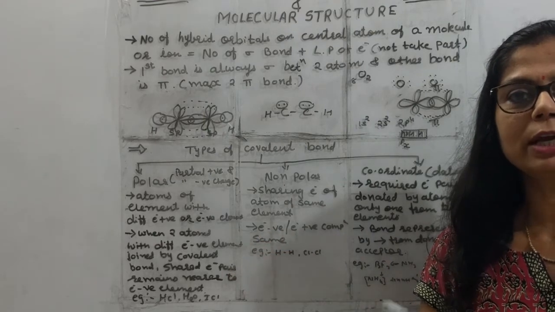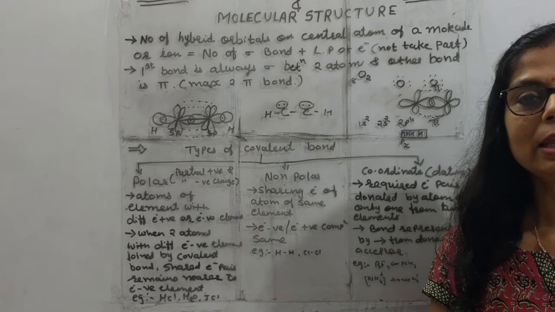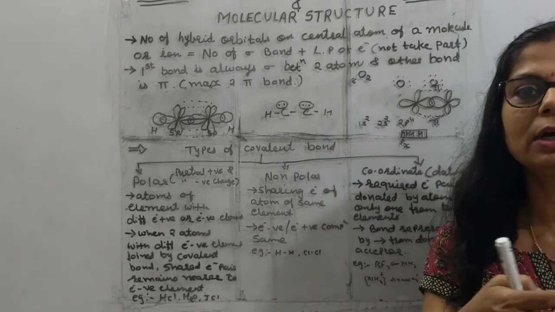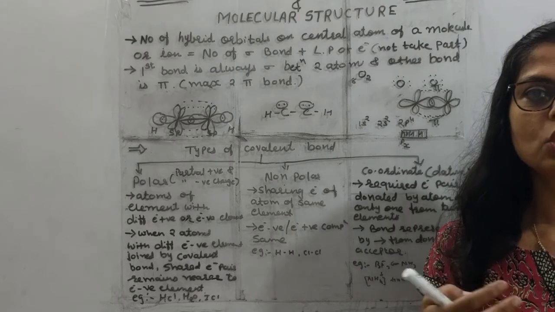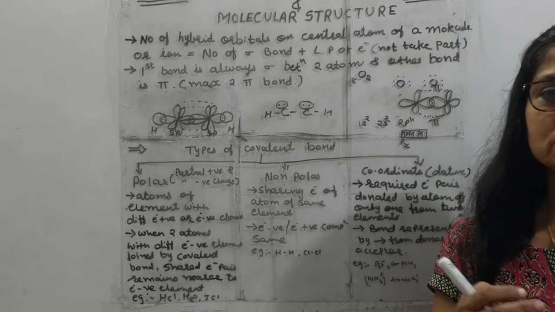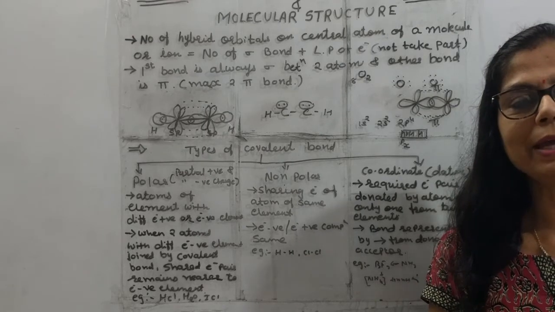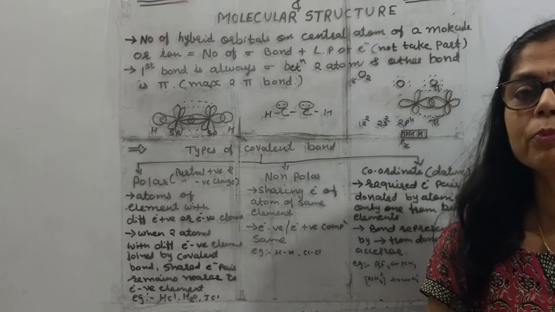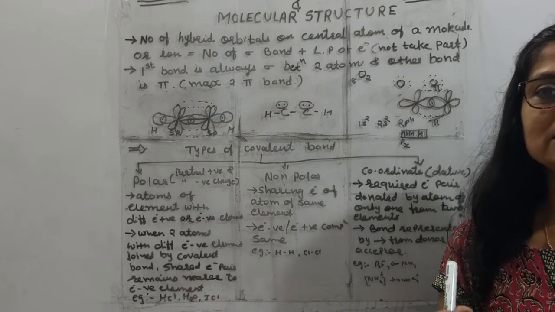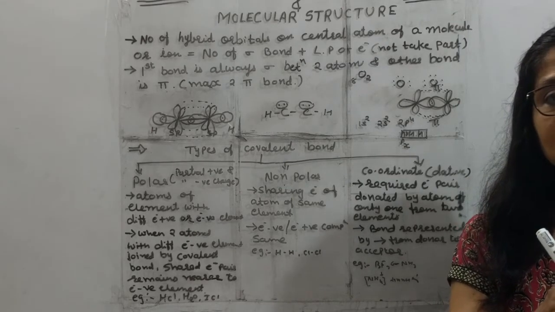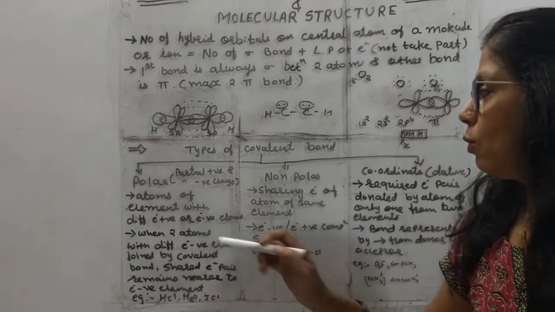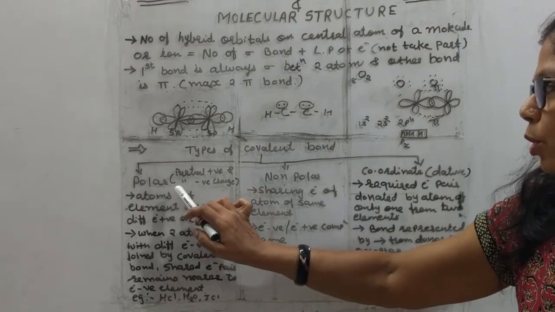The same thing if we consider here, then whenever overlapping occurs or covalent bond forms between the atoms of different elements and forms the molecule, one atom is more electronegative than the other atom. So that forms the polar type of covalent bond.